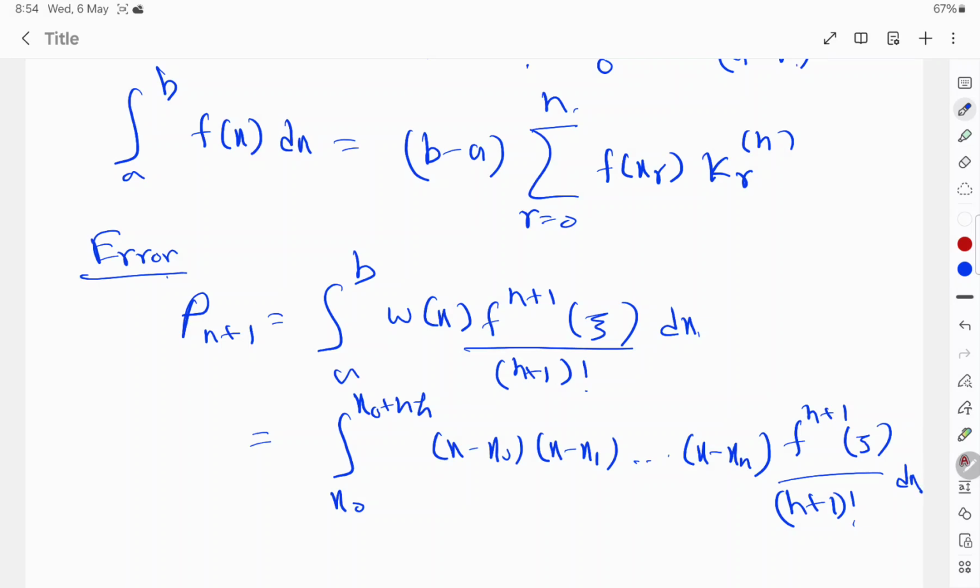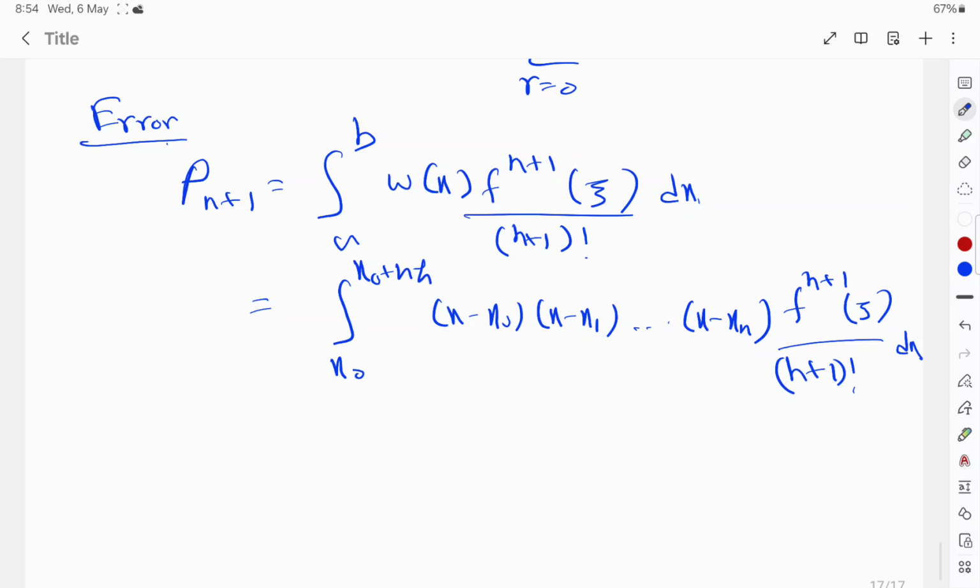Okay, so again if you use your previous transformation, then you will get this thing here, h times integral from 0 to n. This will be h to the power n plus 1.